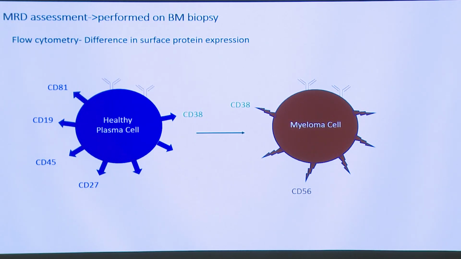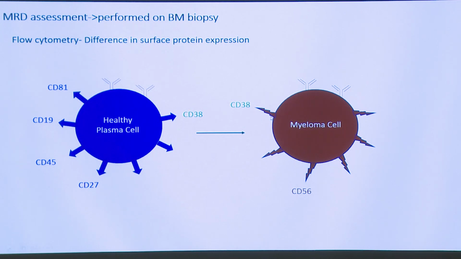So one test we do in-house here at UMS is called flow cytometry. Again, when we have a healthy plasma cell that through some mechanisms becomes the myeloma cells, we've seen that there is a difference in antibodies, but there's also a difference in a lot of other surface proteins.